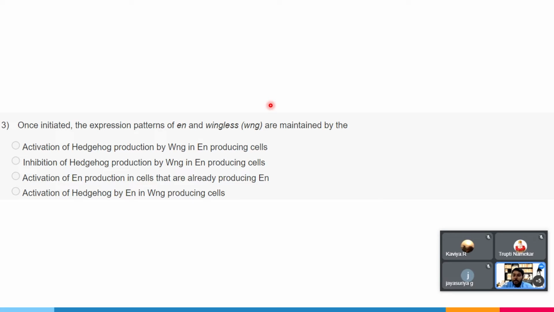Once initiated, the expression patterns of engrailed and wingless are maintained by which of the following? Activation of Hedgehog production by wingless in engrailed producing cells, inhibition of Hedgehog production by wingless in engrailed producing cells, activation of engrailed production in cells that are already producing engrailed, activation of Hedgehog by engrailed in wingless producing cells. Does anyone want to try and answer this now?